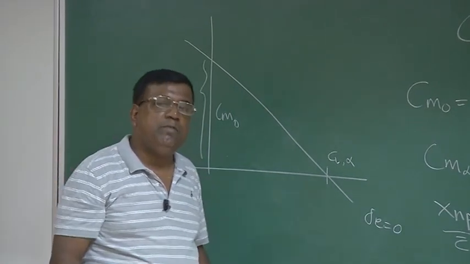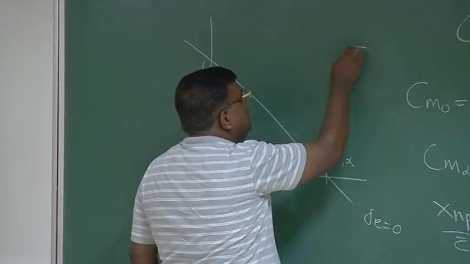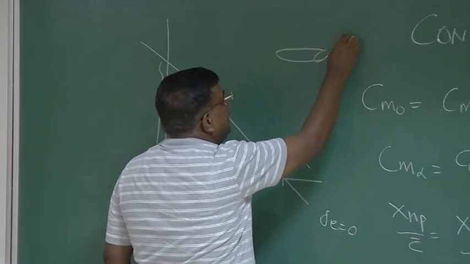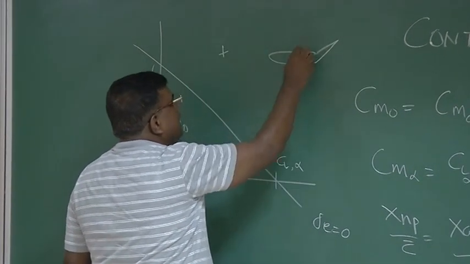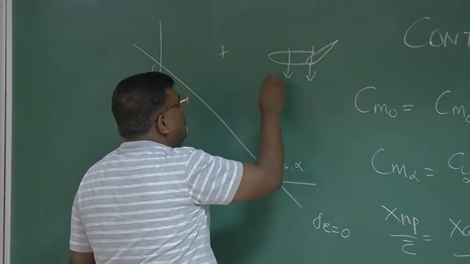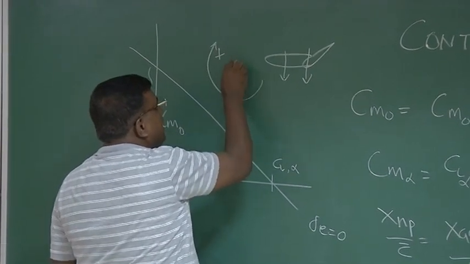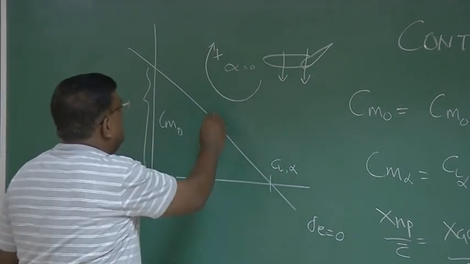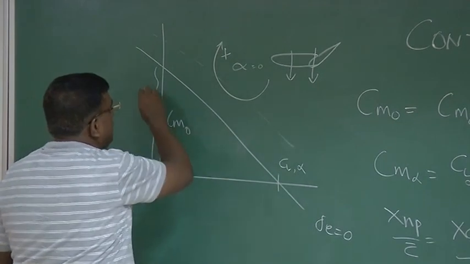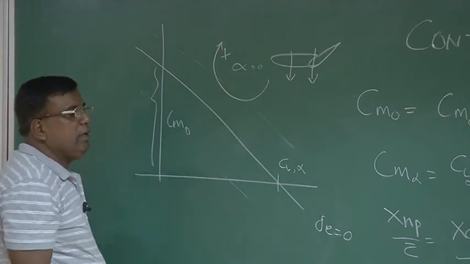By giving elevator deflection, suppose this is the tail, I can generate moment Cm naught even at alpha equal to 0. So this graph can be shifted here, here, depending upon what deflection you have given.